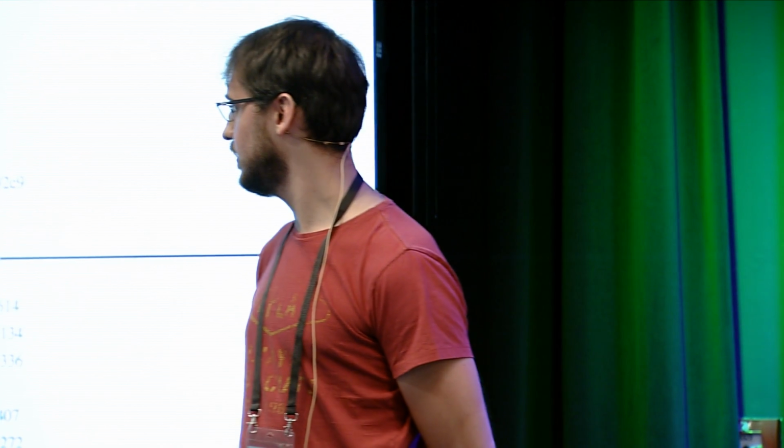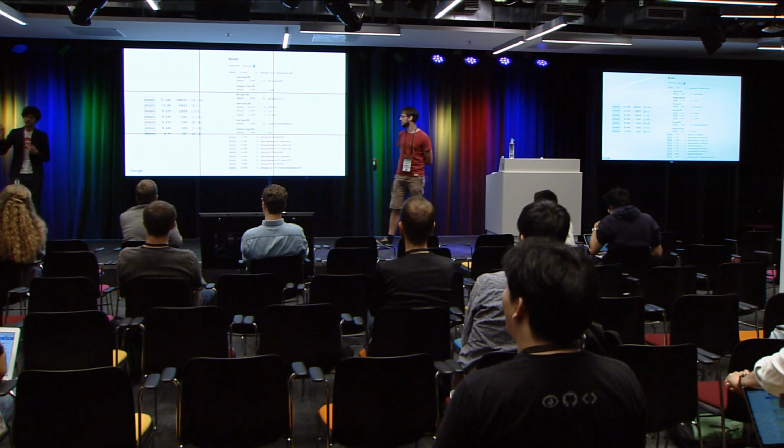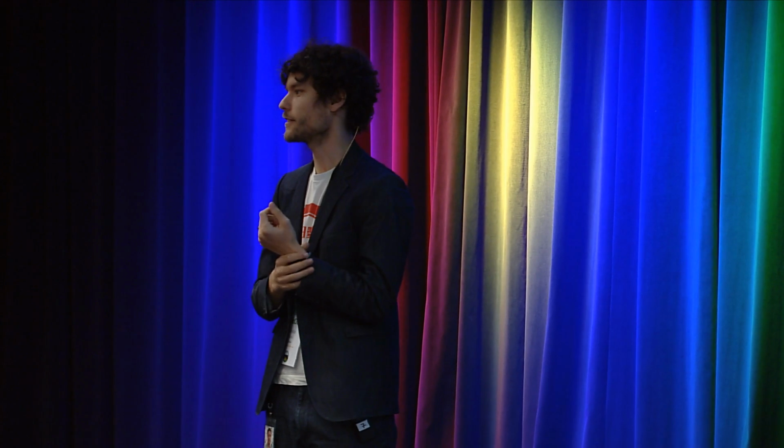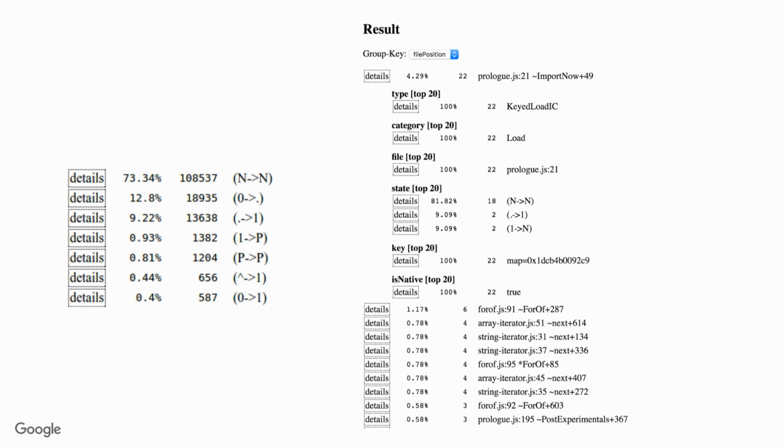To analyze this output, which is just serialized to the standard out, that's not really useful, so we built a little tool where you can actually dive down. What you see here on the left is the types of, for instance, IC misses we get. The first one is a megamorphic one.